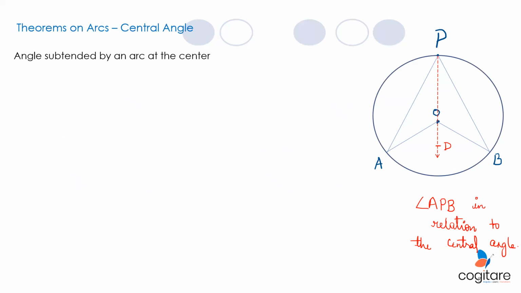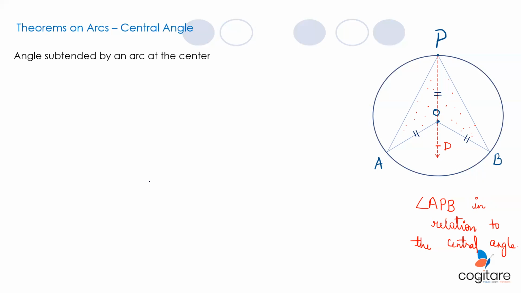Let's look at PD. Now, by joining this line, you clearly see that there are two triangles, triangle AOP and triangle BOP, right guys? It is these two triangles. One is this, I'm just filling it up, and the other is this. Now, what are all the things that you can observe on this diagram? Clearly, OA is the radius, OP is another radius, OB is another radius.